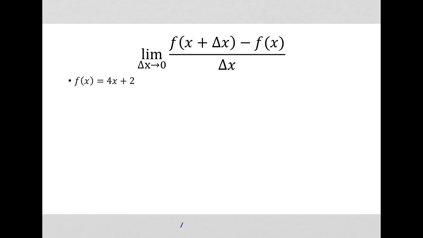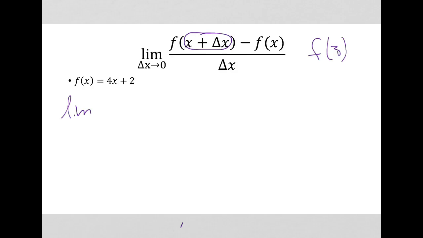So this is saying find the limit as delta x approaches 0 of your function with an x plus delta x plugged in, minus your function f of x. So again, just like this, if this said f of 3, you would take 3 and plug it into the x spot in your f function. Well, we're doing the same thing here. We're just evaluating it for x plus delta x.